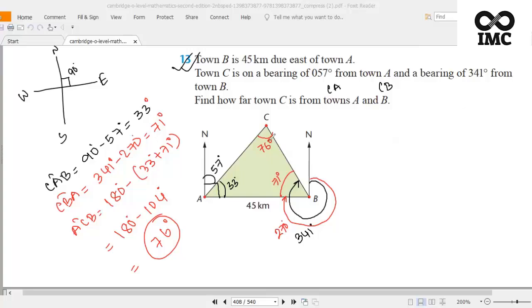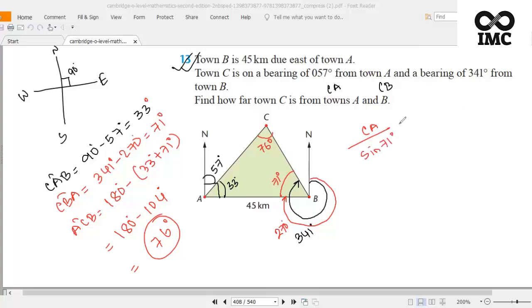Okay. Now we need to find CA and CB. What is CA? This length. What is CB? This length. So how can we find it? This is very simple. We can use the sine formula to solve this.